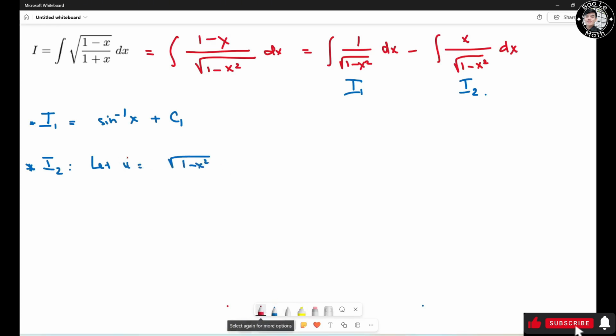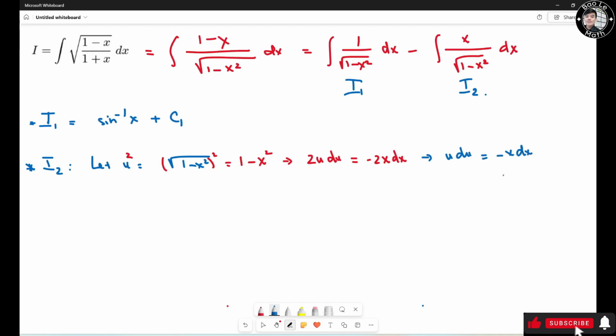Then I'm gonna square both sides. So it turns out to be U squared equals 1 minus S squared, right? Now I'm gonna take the derivative of both sides. So it could be 2U du equals negative 2S ds, right? Now divide both sides by 2, so you have U du equals negative S ds, right?